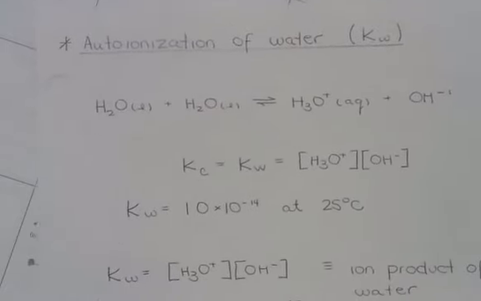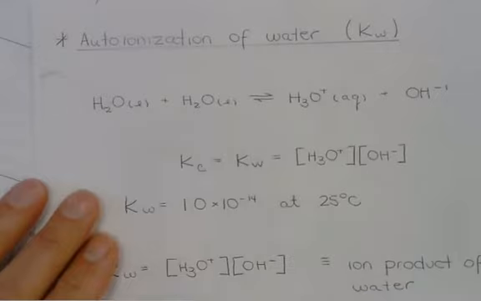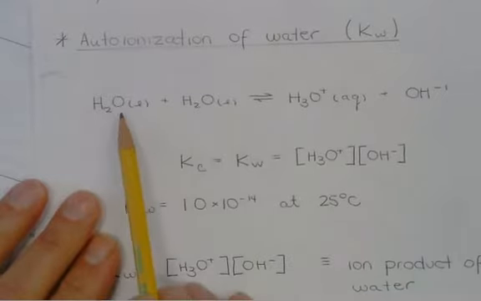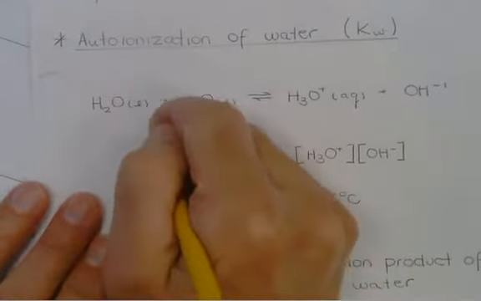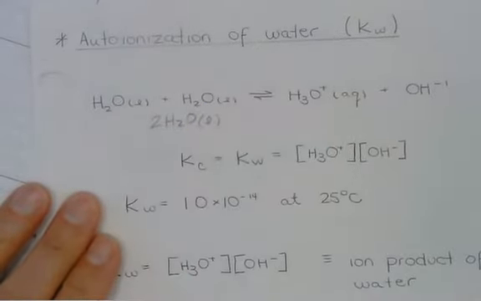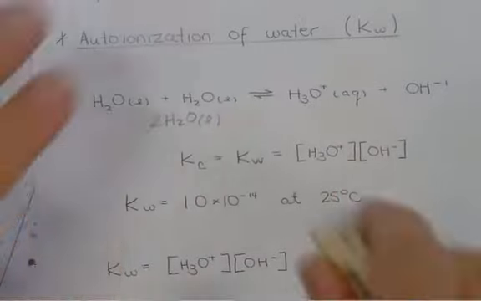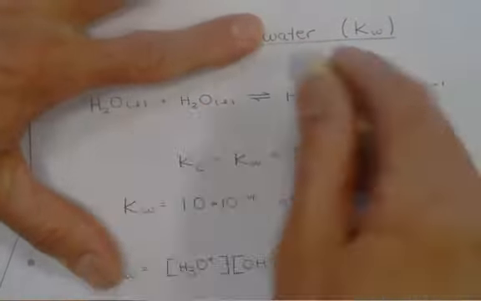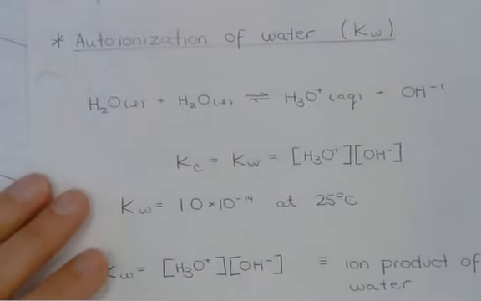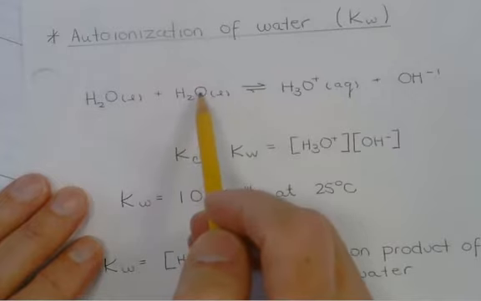That comes from a reaction that we already talked about that turns out to be an equilibrium reaction. It's the autoionization of water. When 2 water molecules react with each other, you can write it as water plus water, or replace that with 2H2O liquid, goes to hydronium and hydroxide. We said that this reaction occurs because one water molecule hits the other water molecule, with the first one donating a proton to the second one.